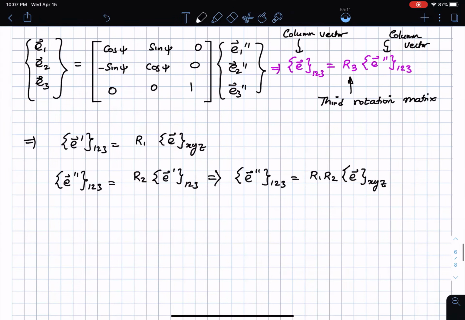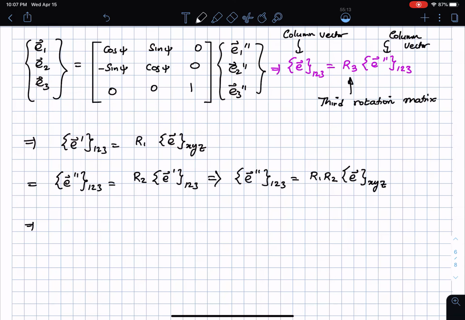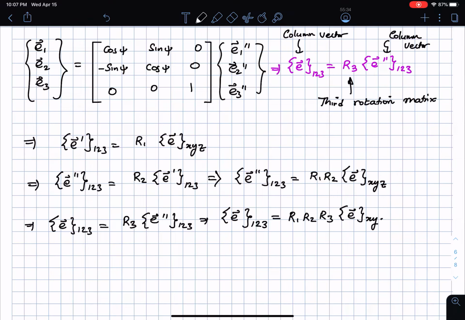And then I come to the last one, which tells me that e 1 2 3, which was r3 times e double prime 1 2 3, this tells me that e 1 2 3 is going to be r1 times r2 times r3 times e x y z.